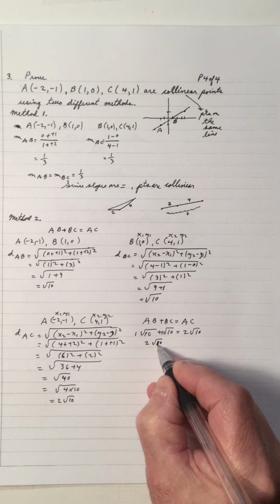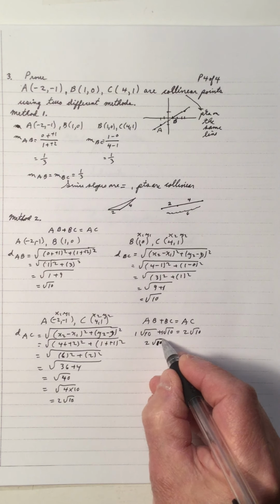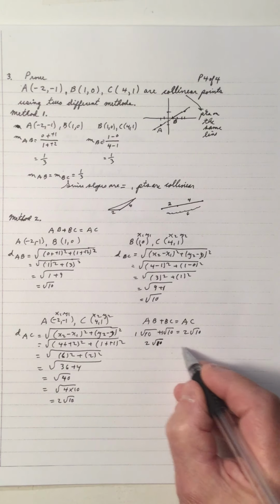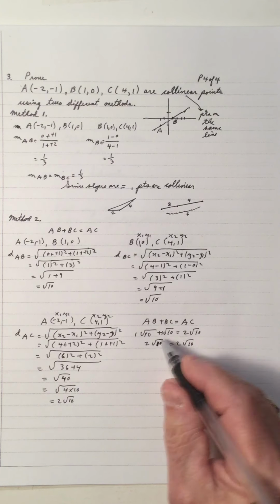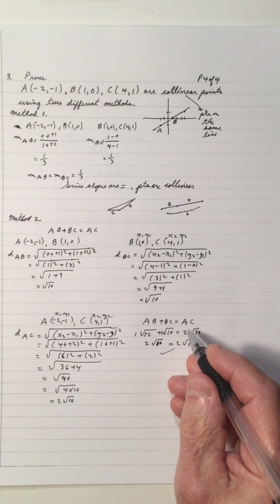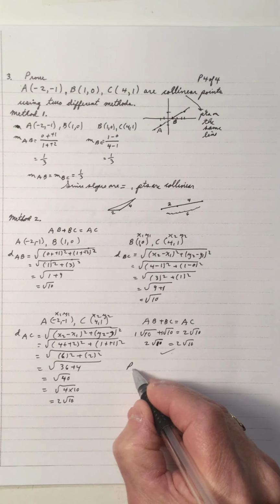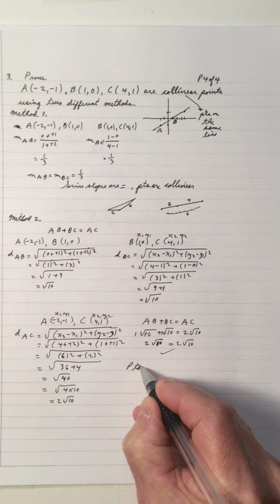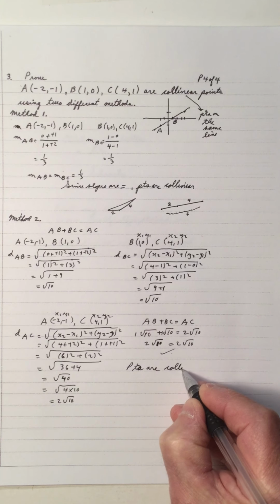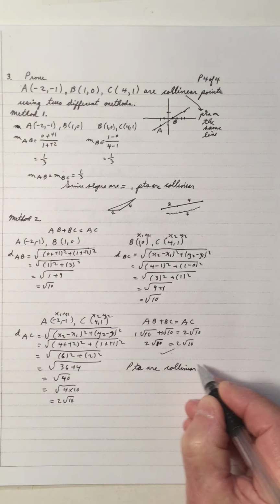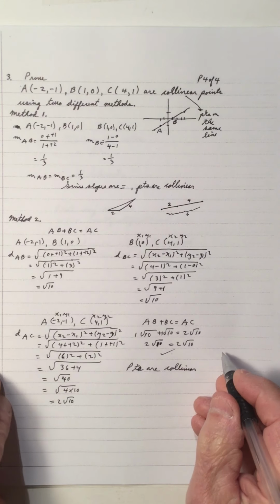Like adding like terms. You add the radicals, you keep the radical and add the 1 and 1. So because the lengths add up true, then the points are collinear because the sum of the distances are equal.